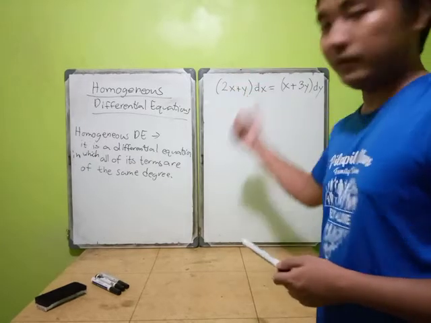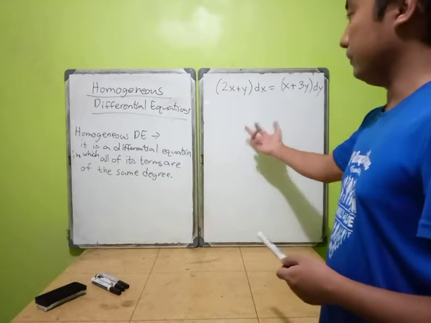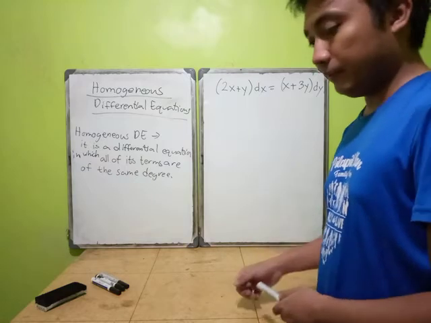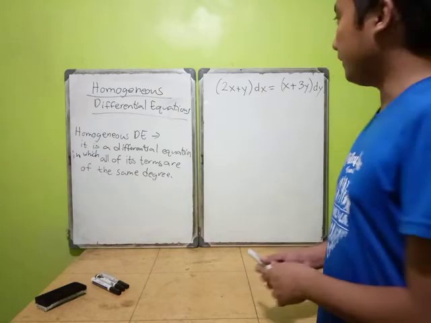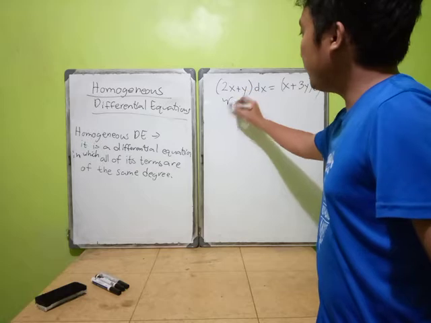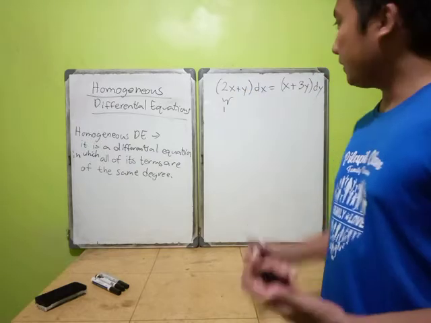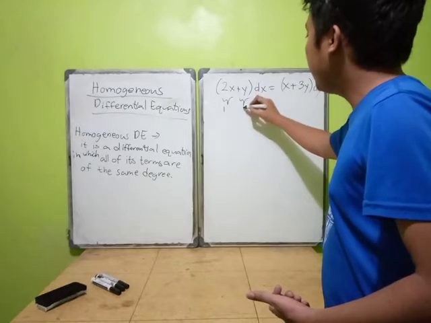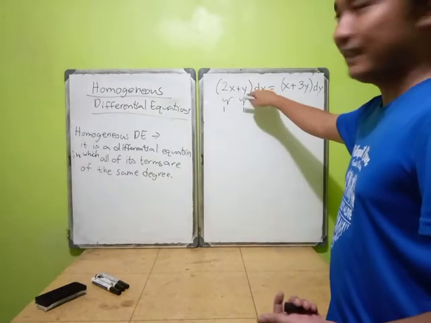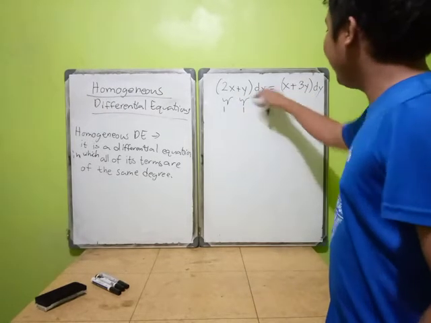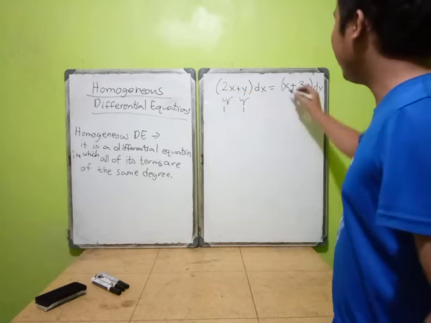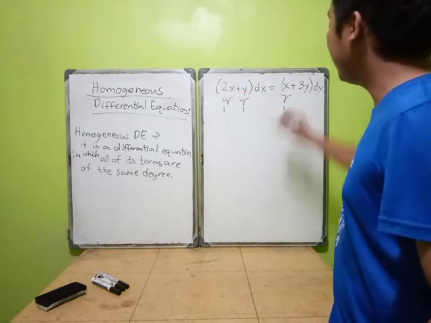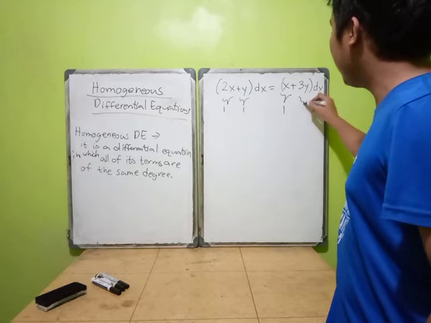For example, itong differential equation na to, it's obviously na may the same degree sila. So this term has a degree of 1 kasi yung power ng x is to the power of 1, yung y is 1. This is one term, this is another term. So this term has degree of 1 and 3y has a degree of 1.